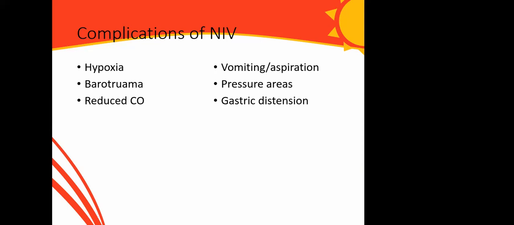There can be pressure areas of the face where the interface, the mask, is applied. And sometimes some patients may have a distended stomach. These are some of the complications that may arise from non-invasive ventilation use.